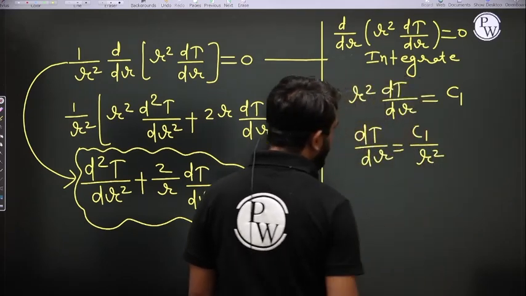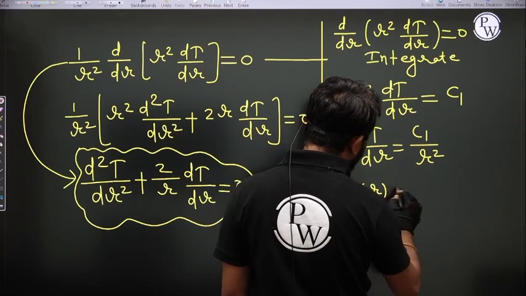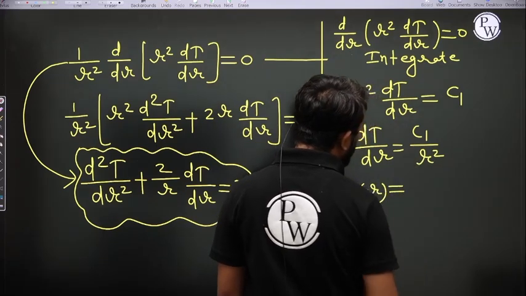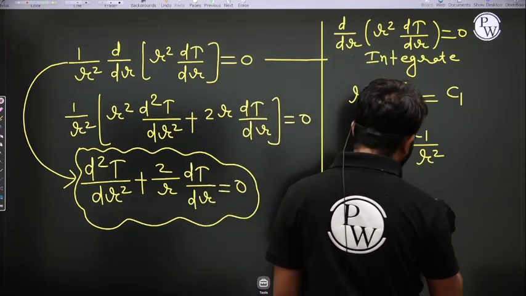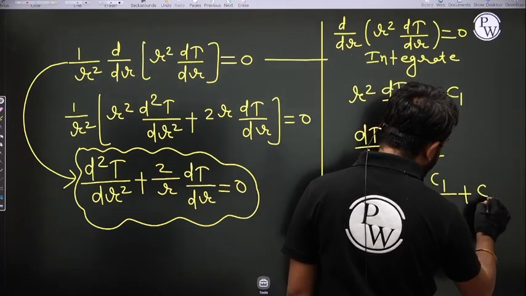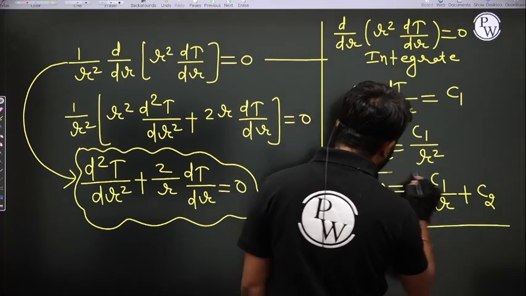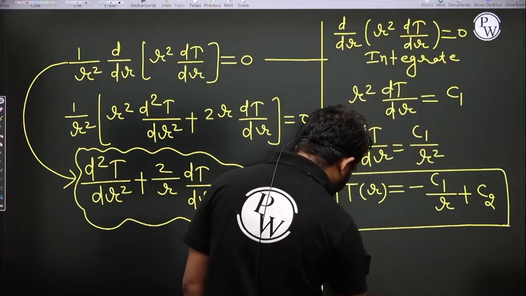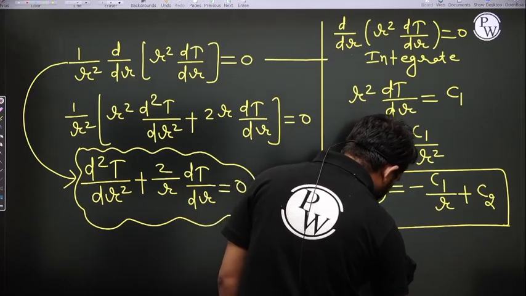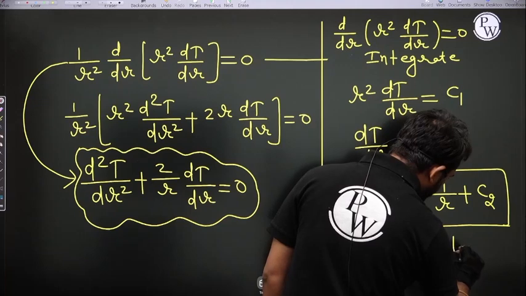Then integrate again: T of r is equal to C1 times r to the power minus 2 plus 1 upon minus 2 plus 1, so this is minus C1 by r plus C2. So this is the temperature variation with respect to R, where C1 and C2 are integration constants.